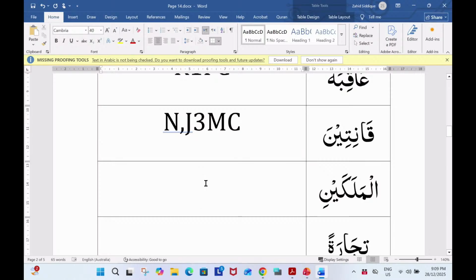Now the next one, الملكين. Al-malakain. Okay. So is it matching with any ending combination? It's matching with aini, also مسلمين. So this could be nasab or jar. What about the number?